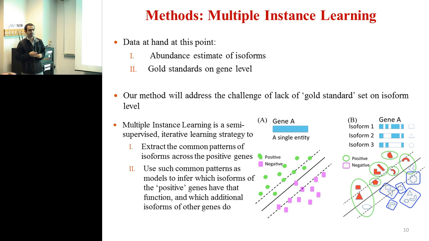Just one more question I had was on the machine learning. The world isn't always black and white, so is there a way to put a fuzzy boundary on some of this and some probabilities instead of making the assignments just positive or negative? We're making positive and negative only for gold standards. Actually, the negative set is not actually a negative set. For the positives, they're really conservative. We include only the ones with strong evidence in the positive set. But for negatives, there are some genes in the negative set that are yet to be discovered.